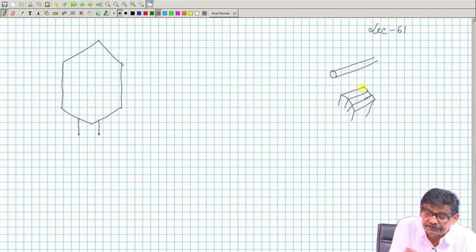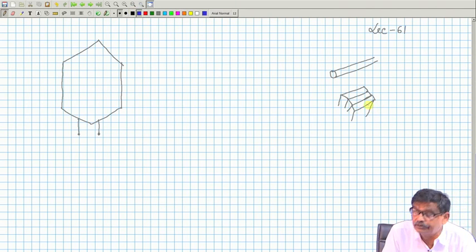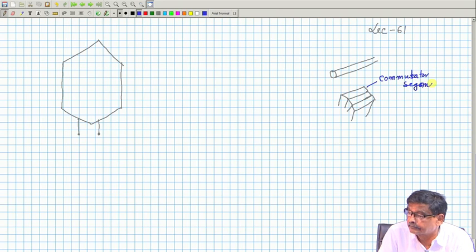These are copper strips. The one I showed with a circle, it is on the shaft of the machine. I will put it like that. These are called copper strips or called commutator segments. Copper strips, conducting.